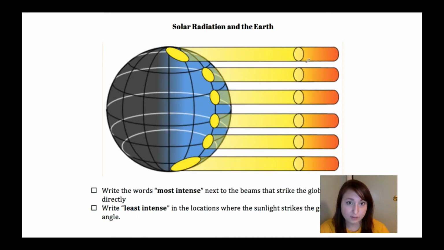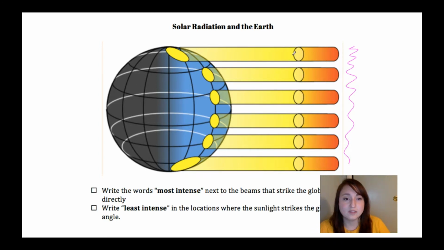Okay, and so this diagram is showing you a much better representation of what I attempted to draw on the last slide. And so these are simplified beams of light, and normally we would think of light as not these individual beams, but kind of just like a curtain of light shining towards us, just bathing the whole Earth, and we're kind of just in the path of it.